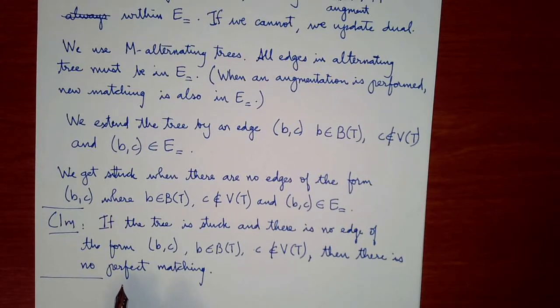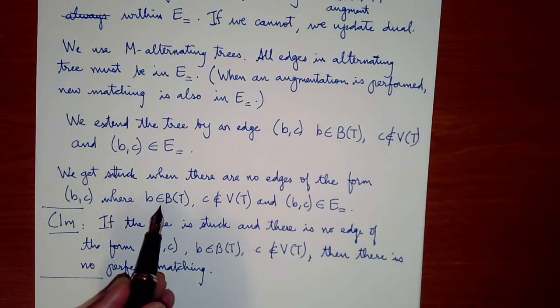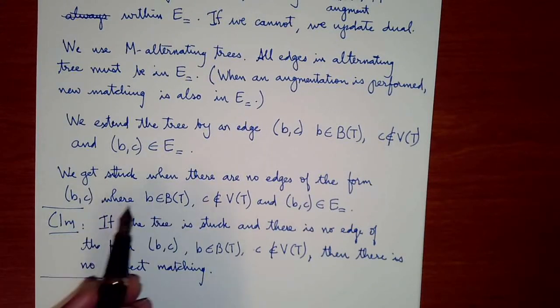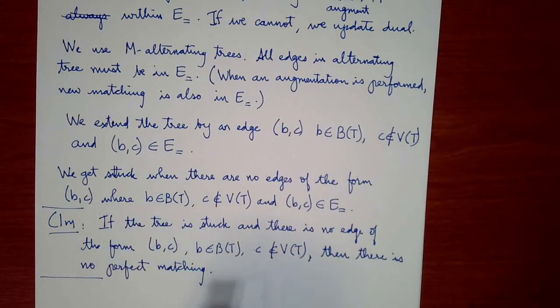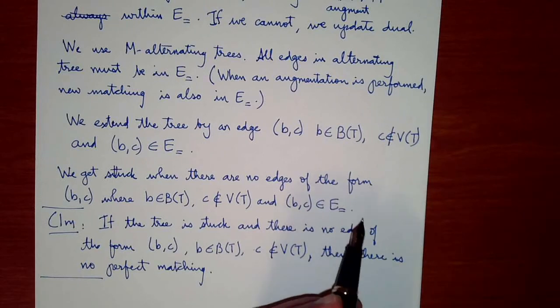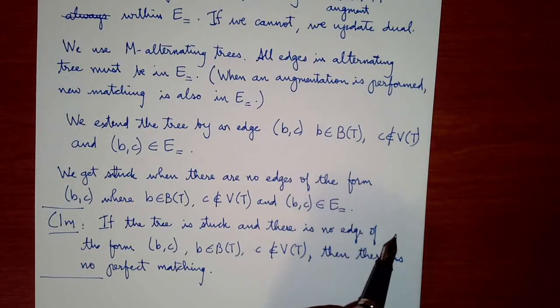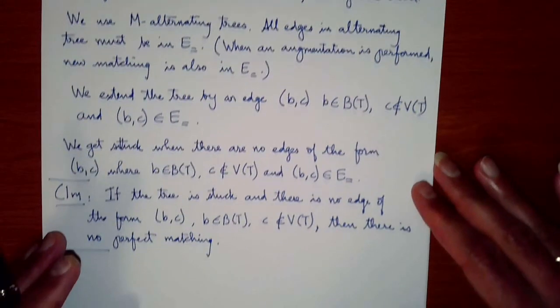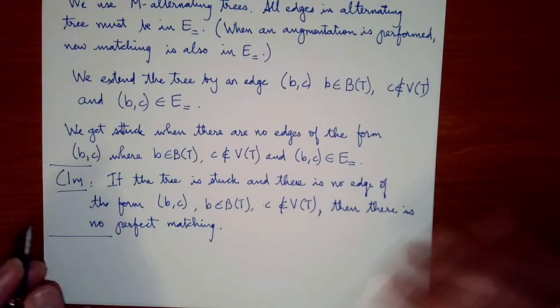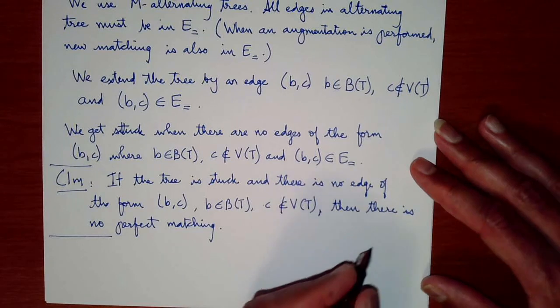And because it has a perfect matching, we know that when we get stuck, there is at least some edge BC, but it is not an equality edge. Right? So the idea is here's the alternating tree.